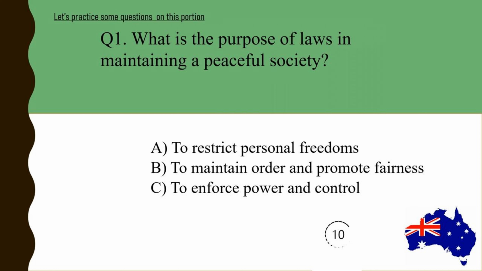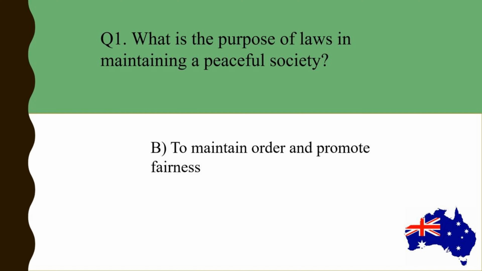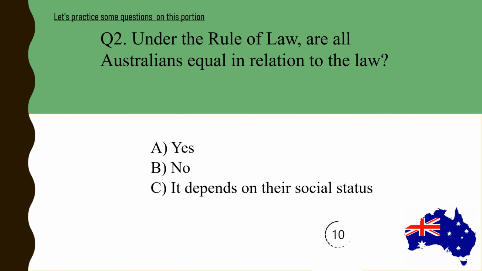Question 1. What is the purpose of laws in maintaining a peaceful society? Answer: to maintain order and promote fairness. Question 2. Under the rule of law, are all Australians equal in relation to the law?